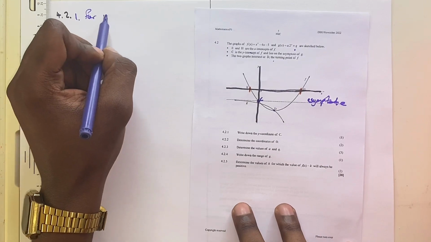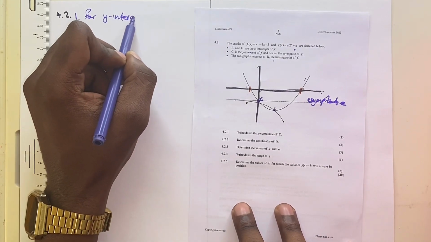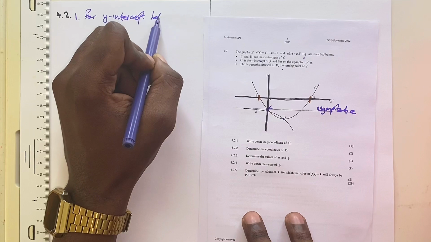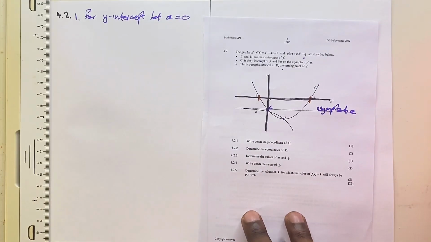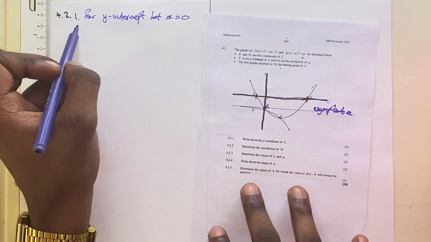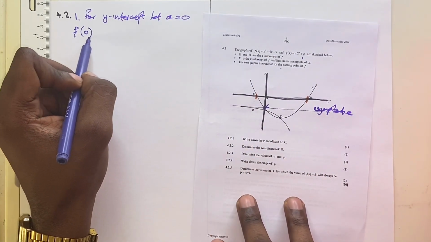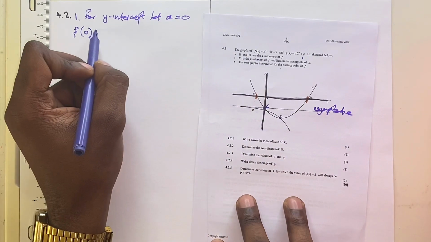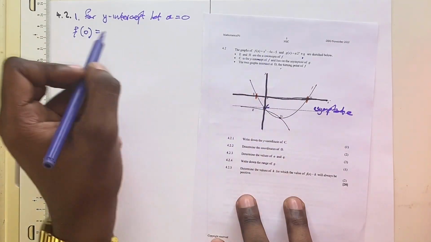Now for y-intercept, let x be 0. So for f, I'm going to let x be 0. Therefore, I'm solving for f at 0. So where I see x, I'm going to substitute 0.